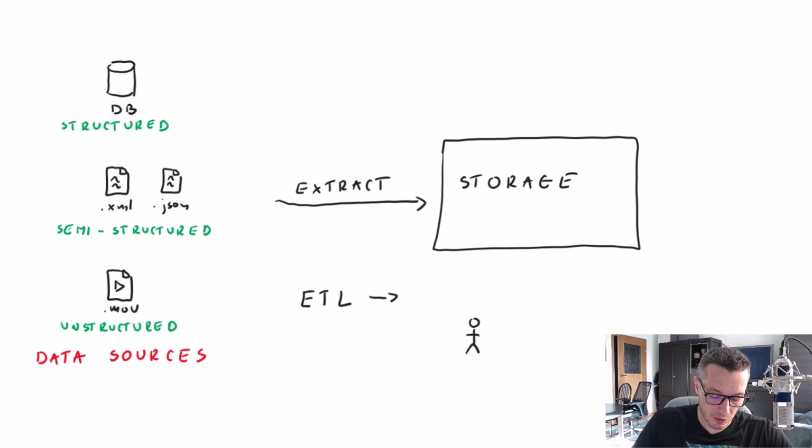So what we did was to change the approach into an ELT one. So we switched the order of T and L. So basically it means that yes, we start with data extraction, but then we are not transforming the data in any way.